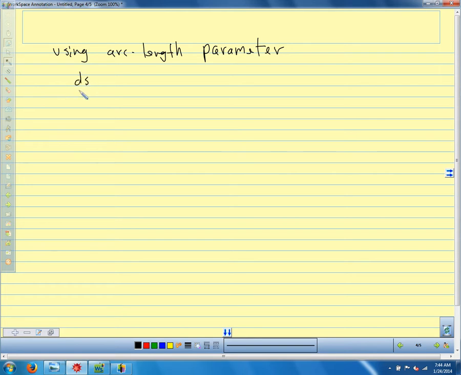So we know that ds/dt, the rate of change of the arc length with respect to time, is the magnitude of our velocity. So we can write that the acceleration is the second derivative of the arc length with respect to time times our unit tangent vector plus the curvature times (ds/dt) squared times our unit normal vector.